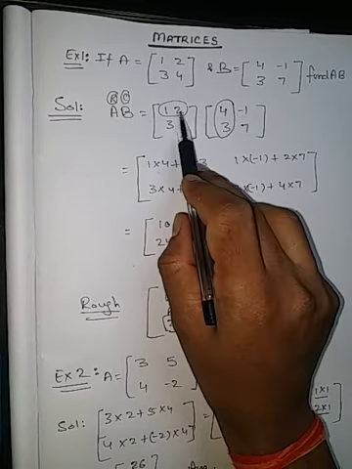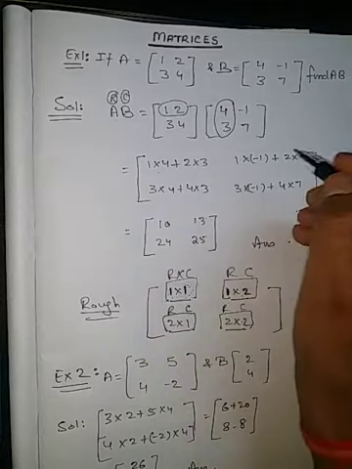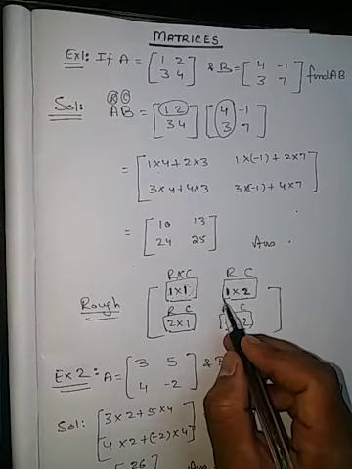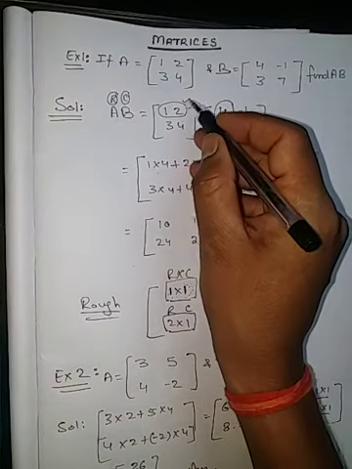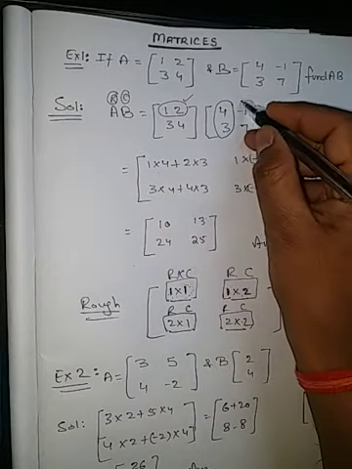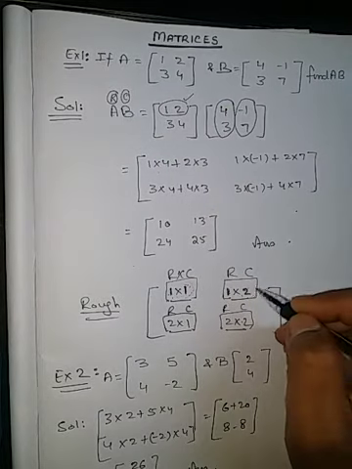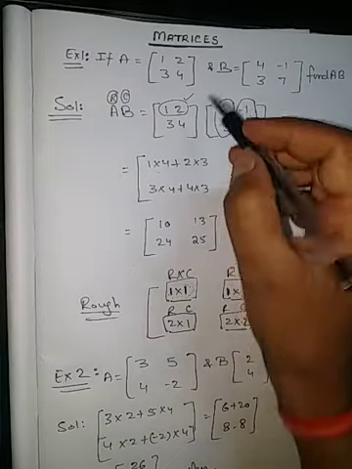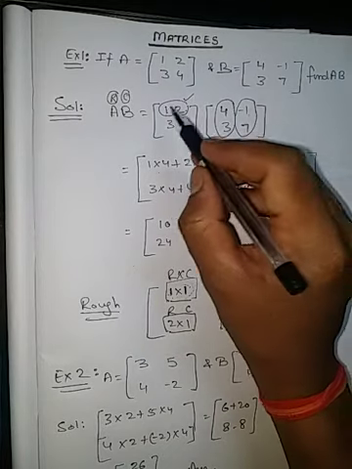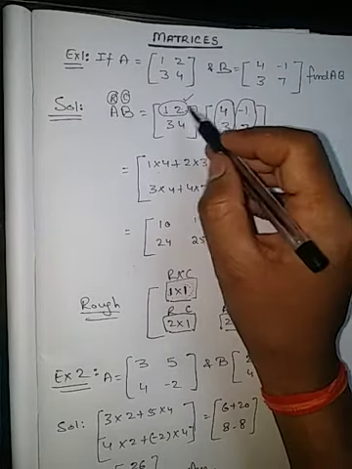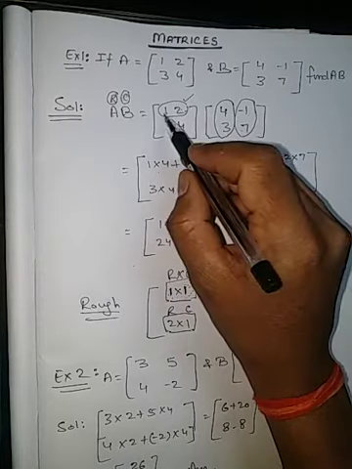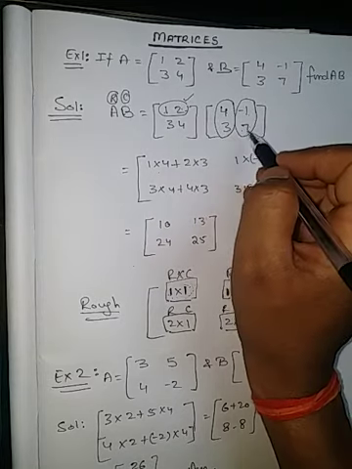Same way, for first row, second column, the first element is multiplied by the first, the second by the second: 1 into minus 1 plus 2 into 7.